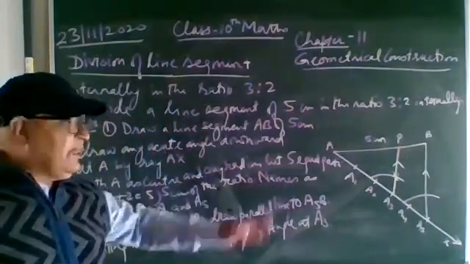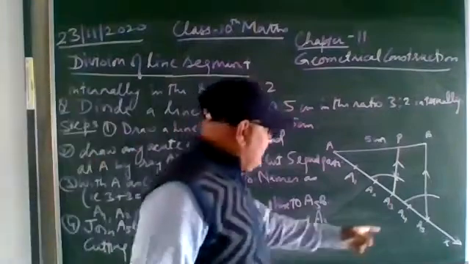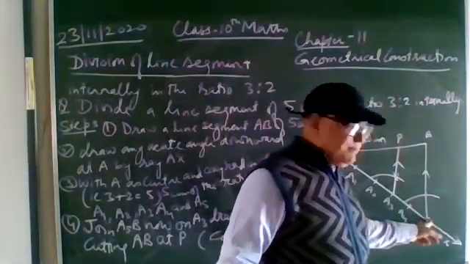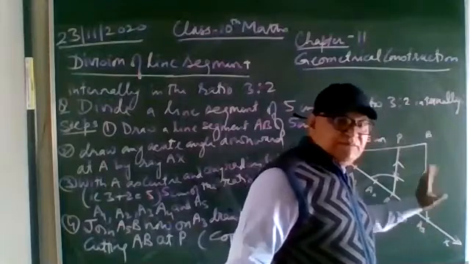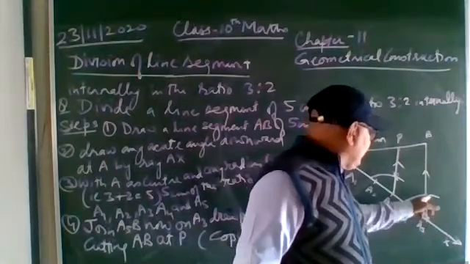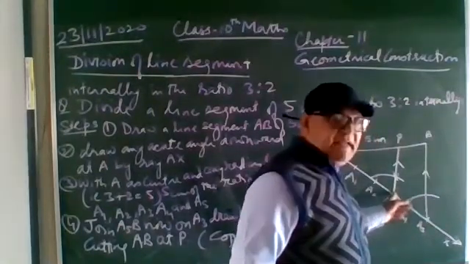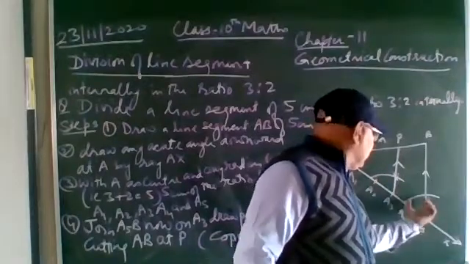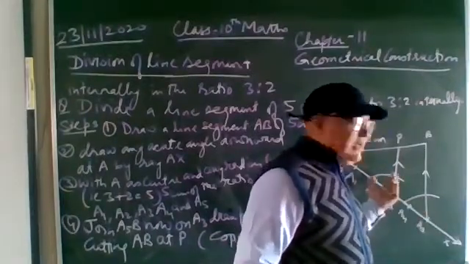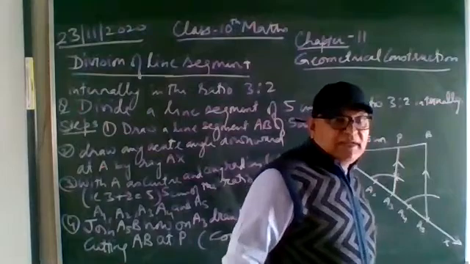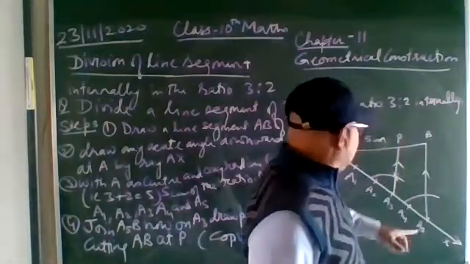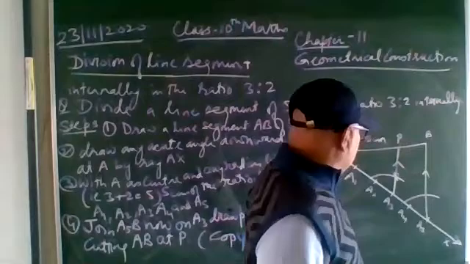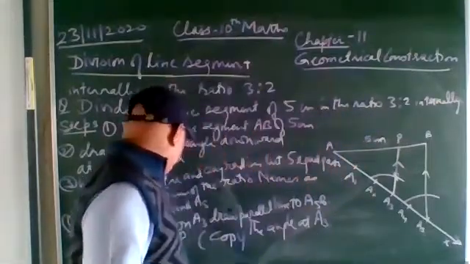First, what you have to do, you put a compass here, cut an arc with any radius. From here with A3 as center, cut an arc, take the measurement of this and cut another arc, and you will get this point E. So this A3P will be parallel to A5B.